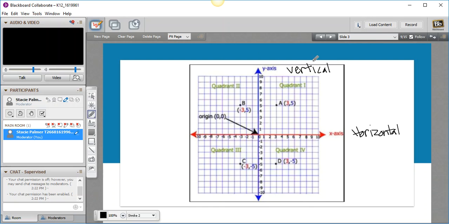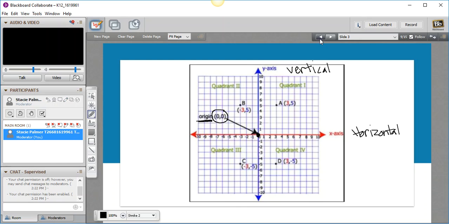Now these two intersect each other right here at this point. Okay, you can see that that's where the x-axis and the y-axis intersect. That is called the origin. And the location of the origin in the coordinate plane is 0, 0. So that means 0 on the x-axis, 0 on the y-axis.